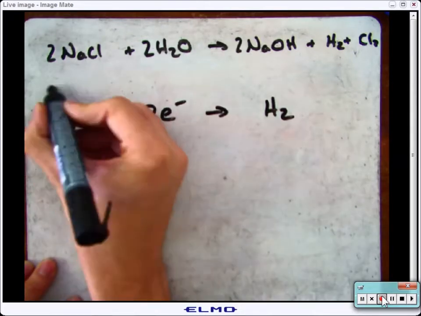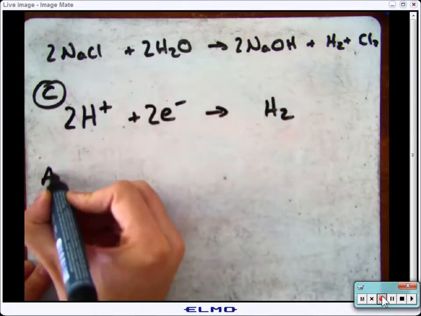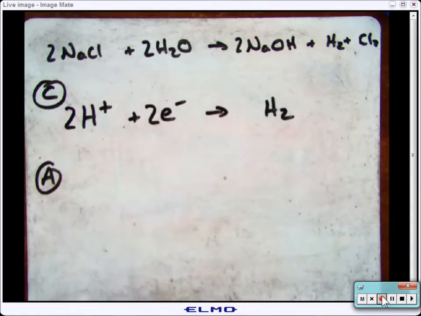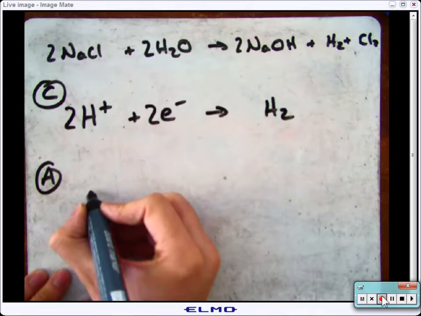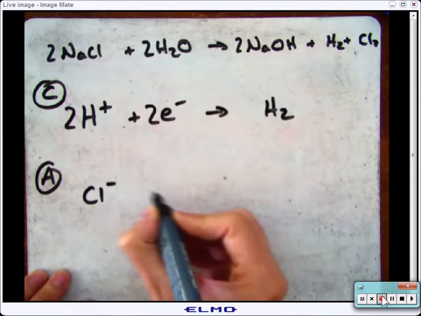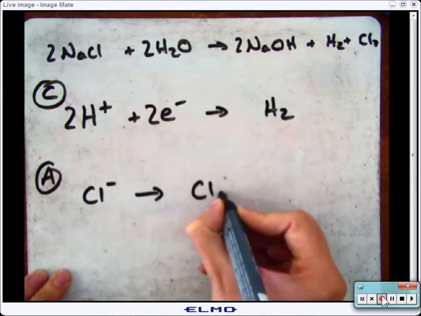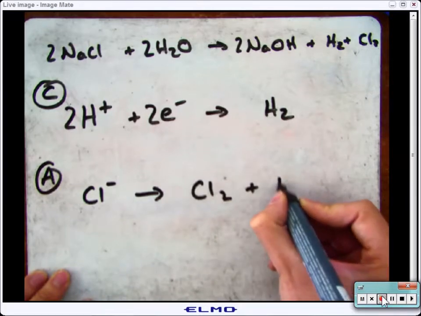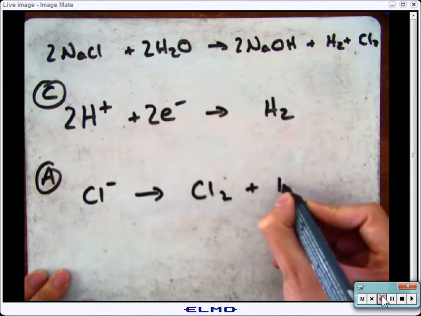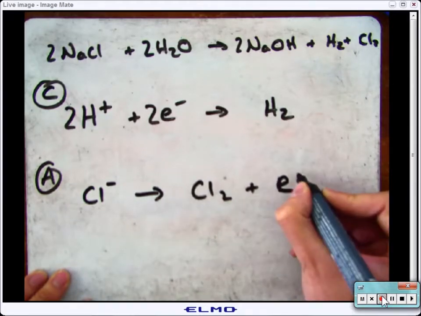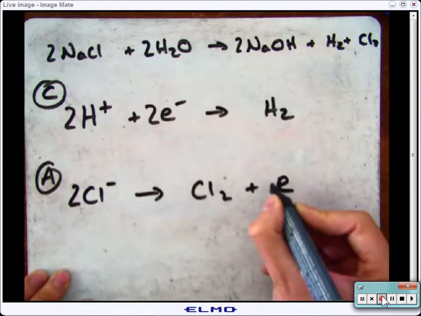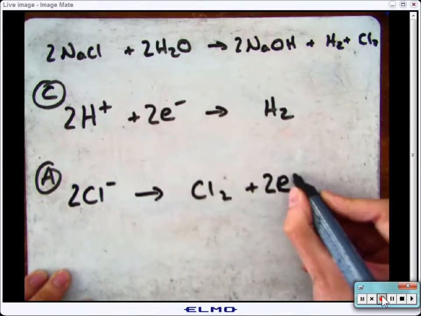So that's at the cathode. At the anode, in this case, it wasn't the hydroxide, it was the chlorine. So you had Cl- which went to Cl2 plus your electrons. Now because that's 2 there, you need to balance that.